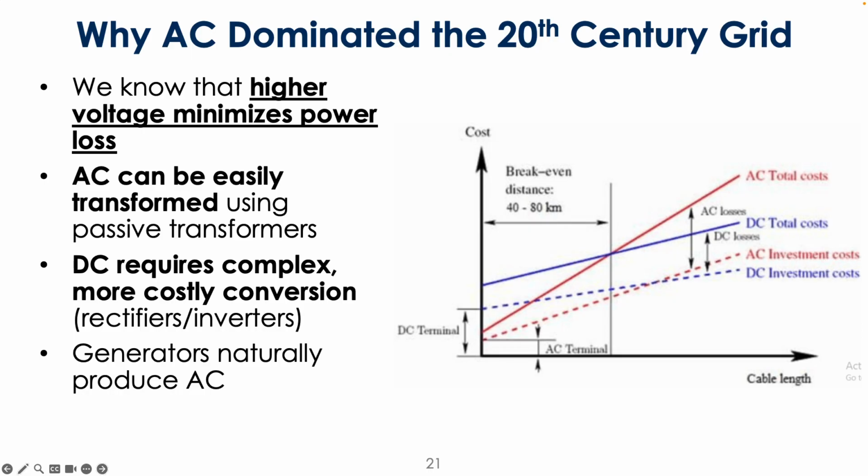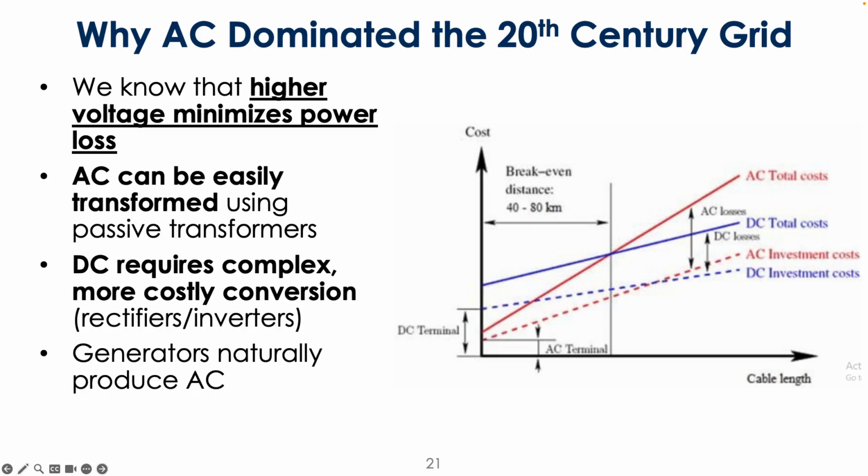So let's see here. This is a nice plot that shows, in red, the cost of an AC transmission system, and in blue, the cost of a transmission system operating in DC.